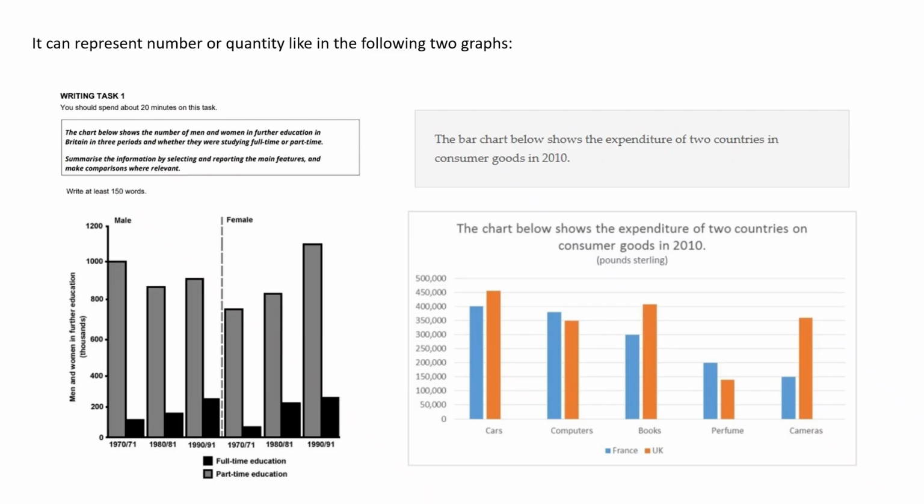This is the number in thousands, which it says, while the second bar graph basically shows the amount in pounds sterling. So in amount, it can be money, or maybe amount in terms of weight, kilogram, milligram, kilocalories, calories, or maybe quantity of something. So in data charts, you get the data either in percentage or in numbers, or in quantity.